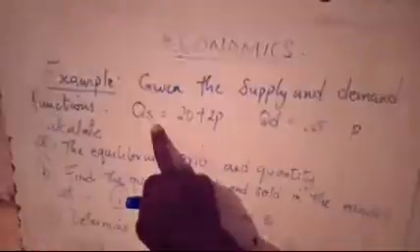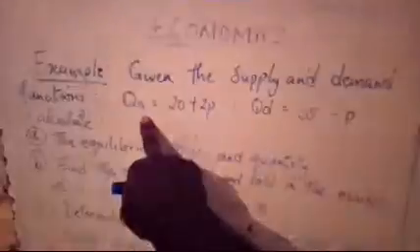Having done this, it's easier for us to calculate our equilibrium quantities. We first of all calculate our equilibrium quantity supplied. Recall that your quantity supply function was 20 plus 2p.